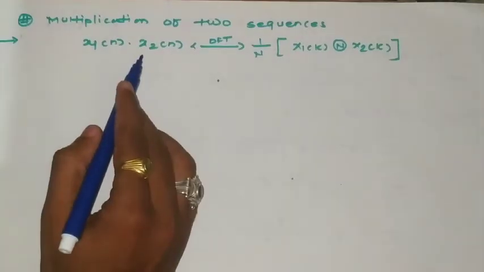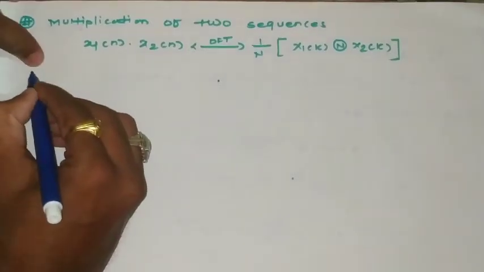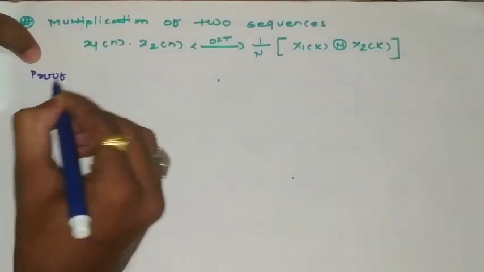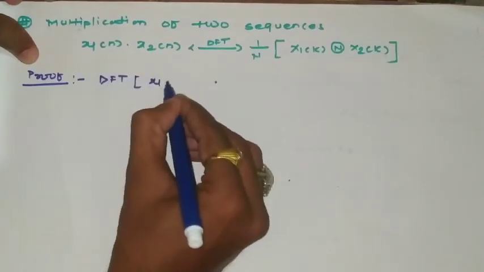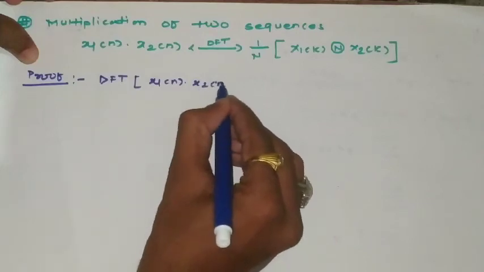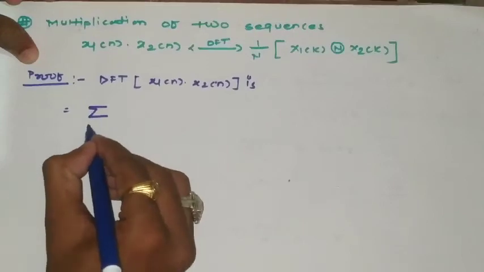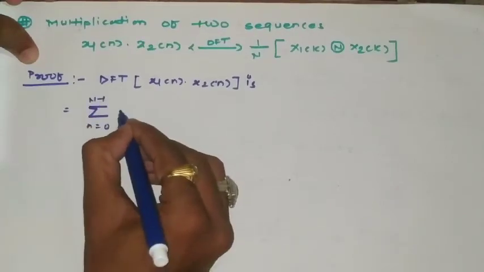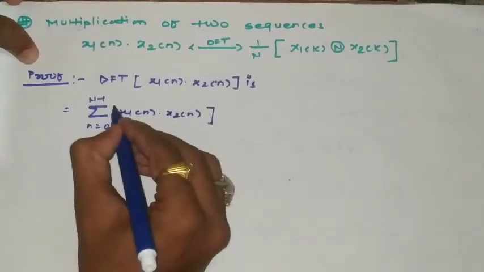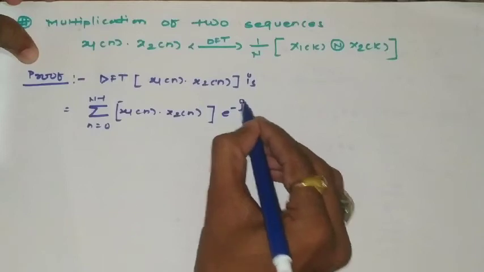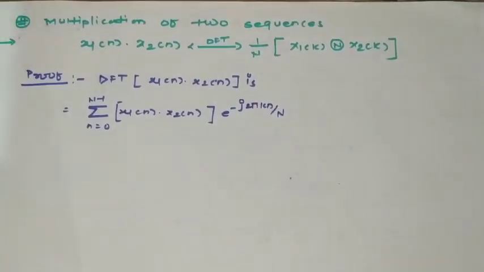For that, first we will try to find the DFT of these two multiplied sequences, which I am writing as DFT of x1[n] into x2[n], which equals, again the summation term will remain same, this is x1 into x2, and these two multiplied terms are multiplied with the exponential. This will be our formula.